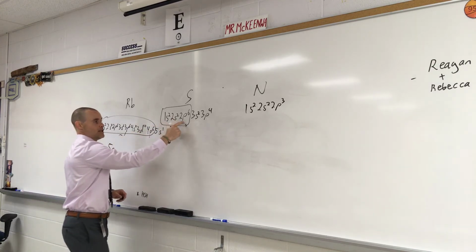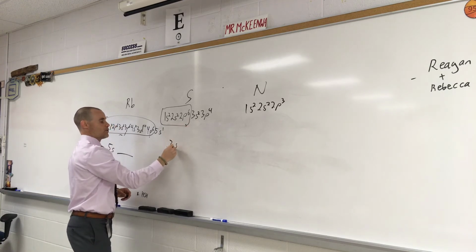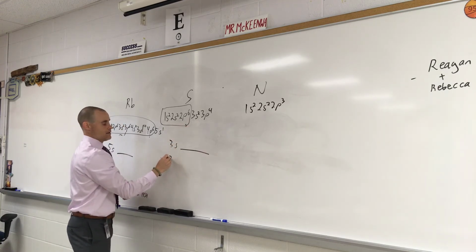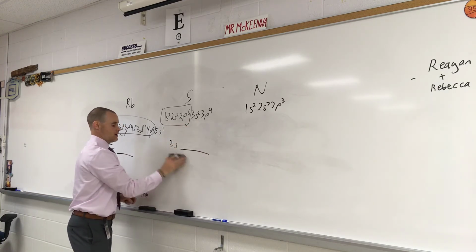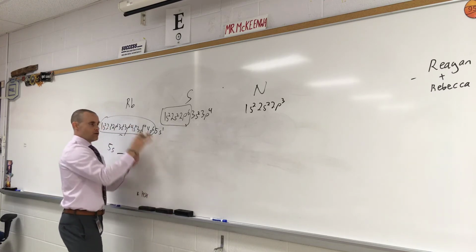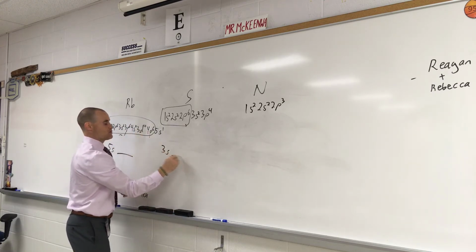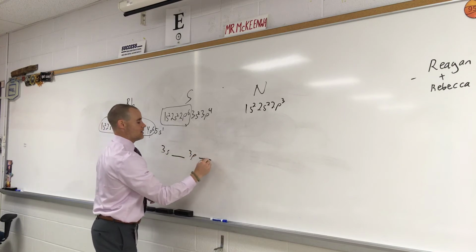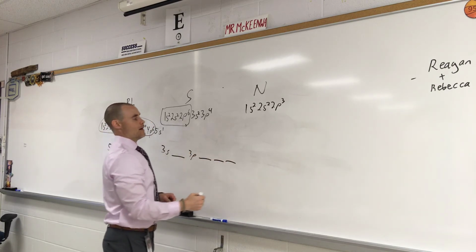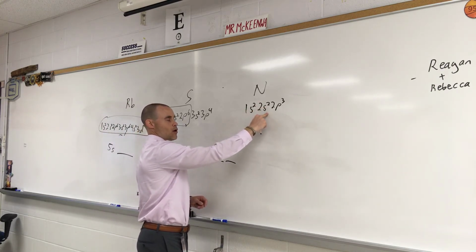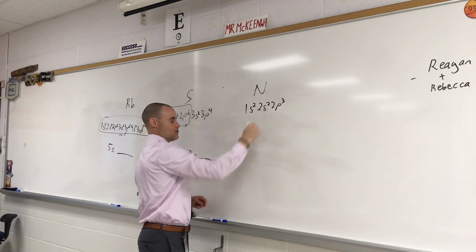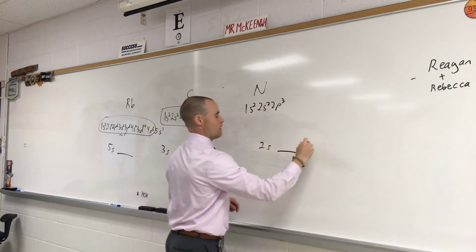I want the orbital notation for the 3rd level, so 3s, and then 3p. In general, you should put them next to each other, so 3s would be here, and then 3p would be there. And then same thing here, I want the orbital notation for the valence shell, so 2s, and then 2p.